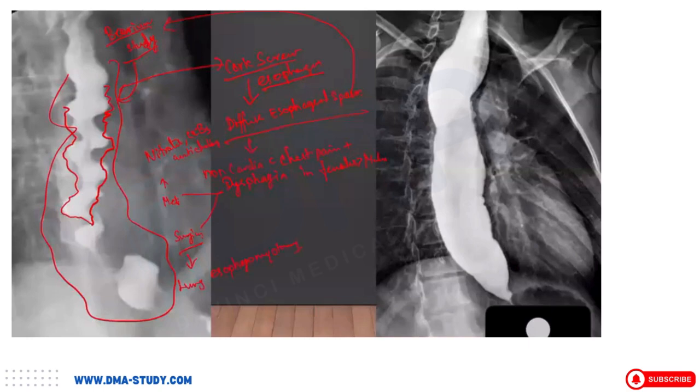So what are the things you have to know in terms of DES? Non-cardiac chest pain plus dysphagia, most commonly seen in females. You order the barium study, and the barium study shows a corkscrew esophagus. You manage them either medically or surgically. Medical management is associated with what classes of drugs?